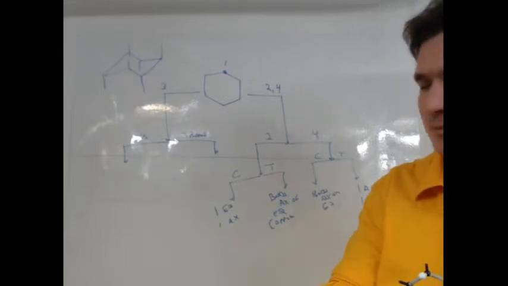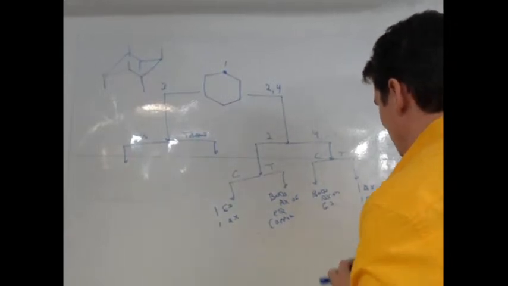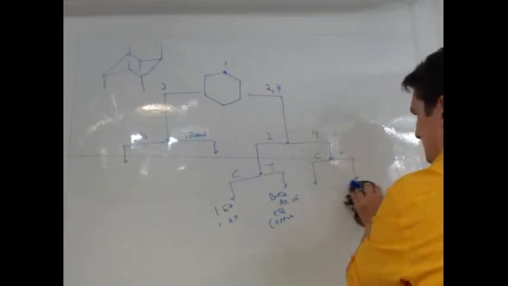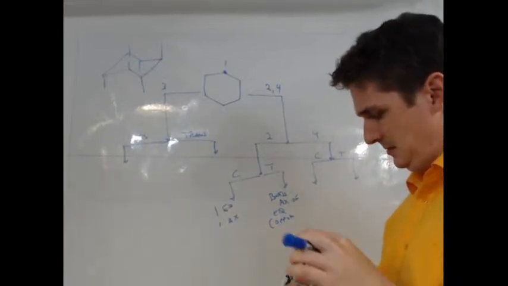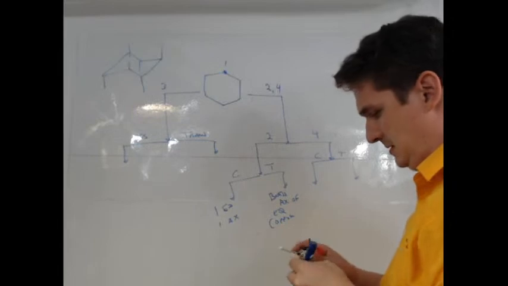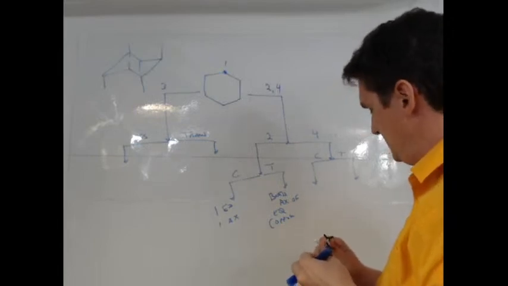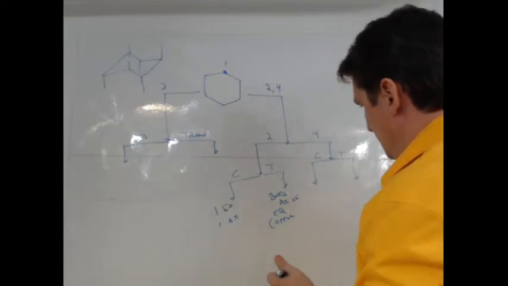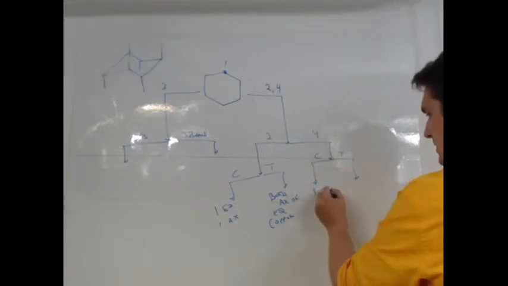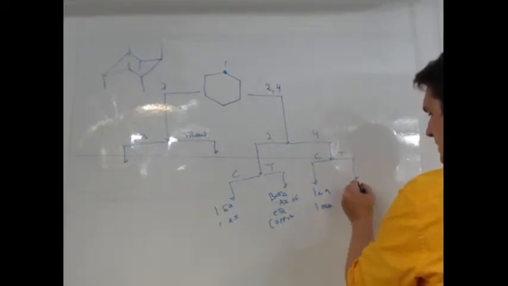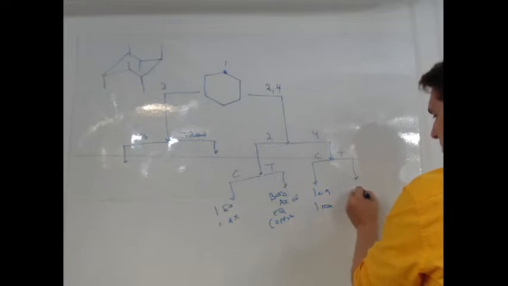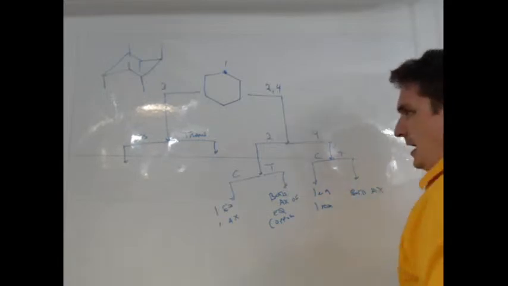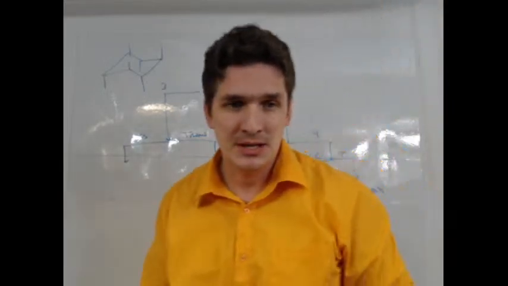No, sorry, I got them flipped. So 1, 2, 3, 4. They're trans, they're cis. They're one equatorial, one axial. If they're trans, they're both axial. And if they're both axial, they're on opposite sides.